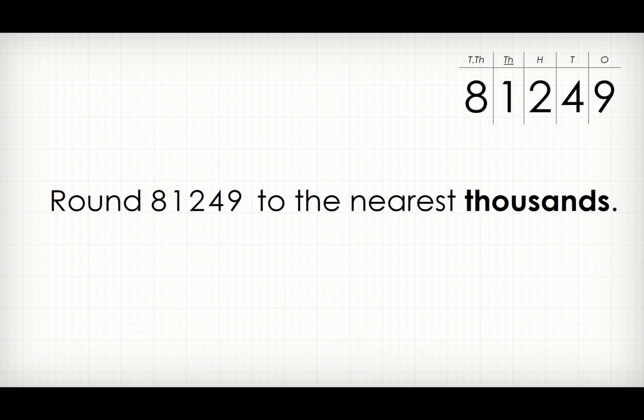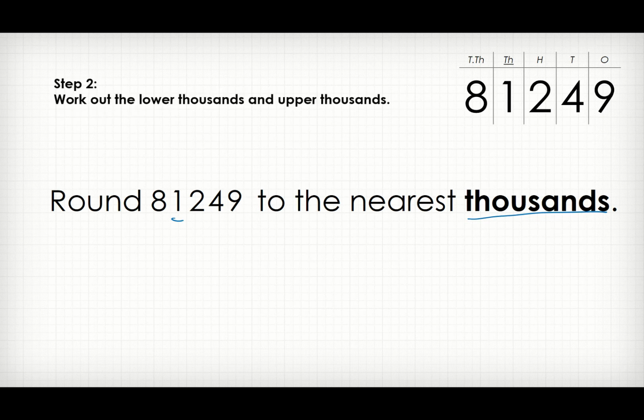Alright, let's look at another example. Round 81,249 to the nearest thousands. Again, take note that the question asks for thousands. So the first step is to underline the digit in the thousands place. Second, we want to work out what is the lower thousands and the upper thousands. Let's use a trick that we have learned.